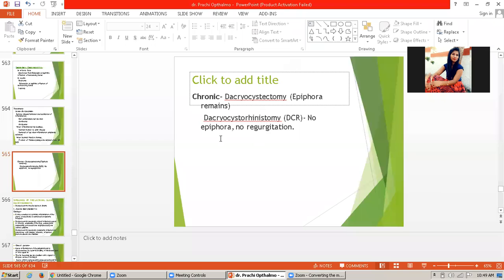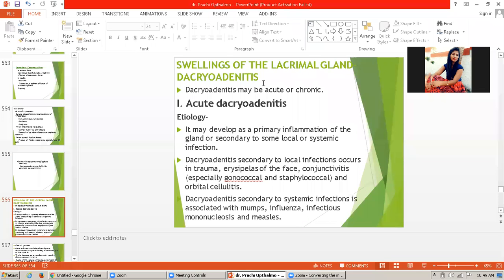So the next topic is swelling of the lacrimal gland, that is dacryoadenitis. Dacryoadenitis may be acute or chronic. So these are diseases of the lacrimal gland, that is acute dacryoadenitis.